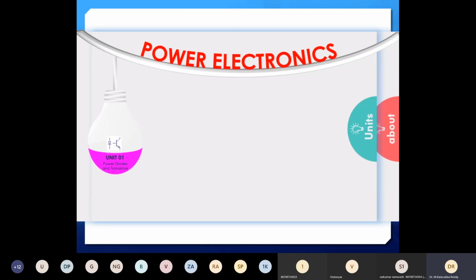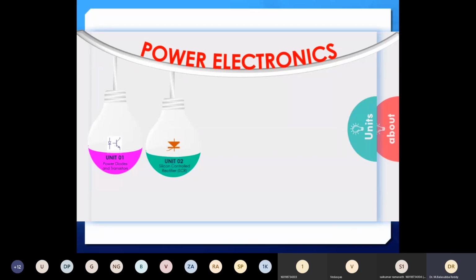So the first unit comes with devices only, whether it is diodes or transistors or MOSFET, IGBTs. All these power devices we will come across. That is the first unit. And then the second unit, SCRs. The characteristics of SCR, anyhow I will show the syllabus also. The second unit is purely related to SCR. The total subject deals mostly with SCRs.